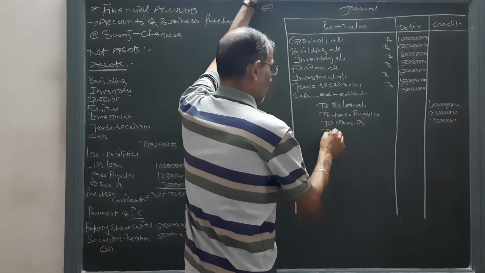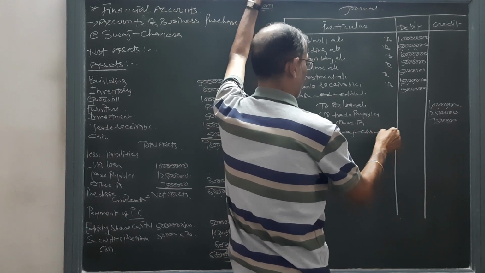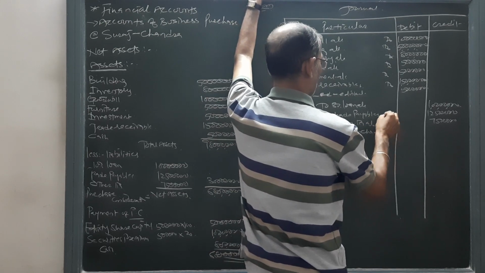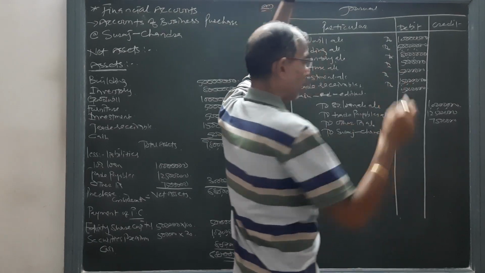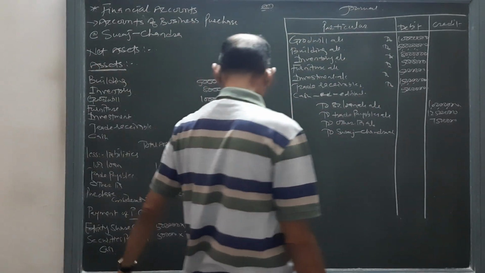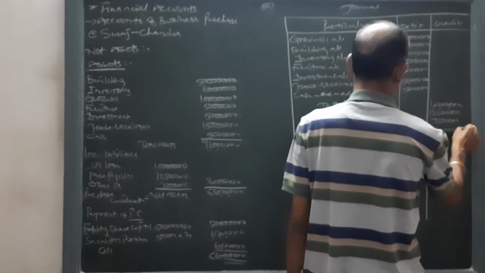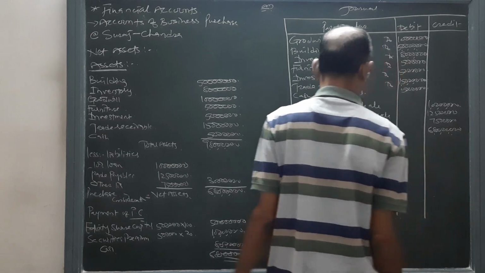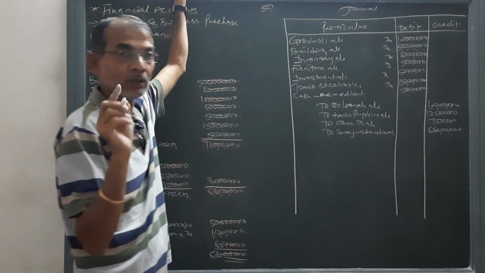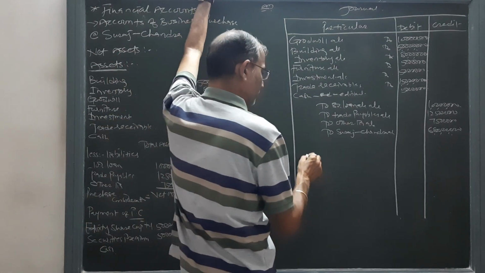And to Suraj and Chandra, purchase consideration will be credited to Suraj and Chandra account, and that is 6 crore 80 lakh.